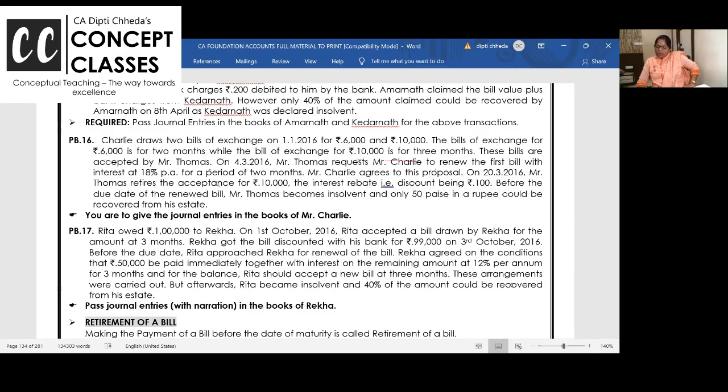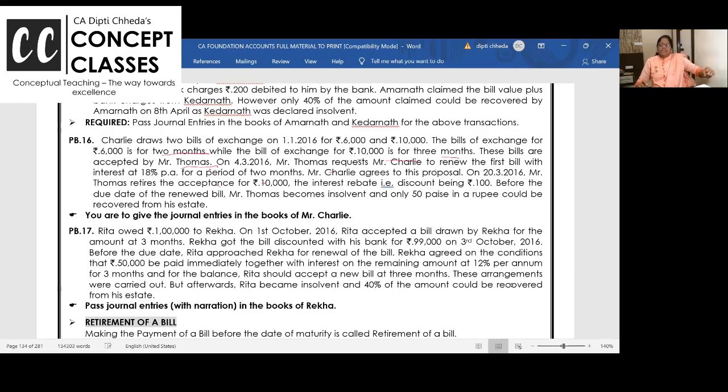These bills are drawn on Thomas for 2 months and 3 months. So Thomas requested Charlie to renew the first bill. And second bill on 23rd March. अभी तो 2 महीने पूरे ही नहीं हुए. Thomas retired it, means before time you paid. And before the due date, Thomas becomes insolvent and only 50% in rupee could be recovered.